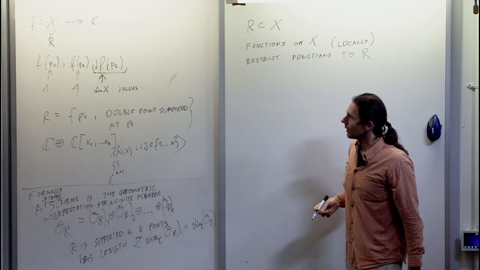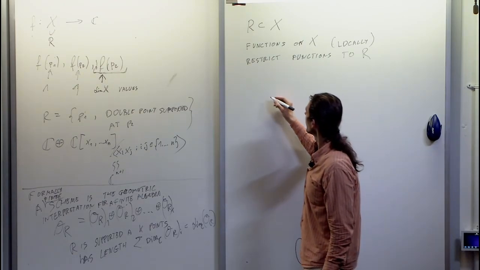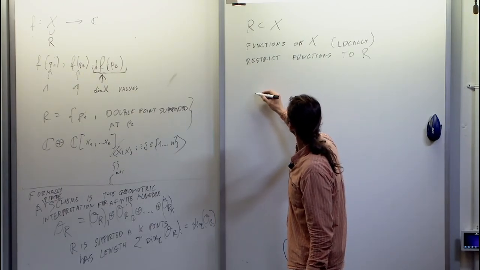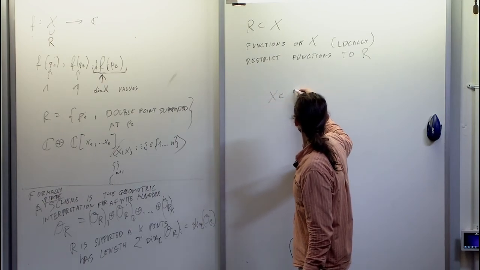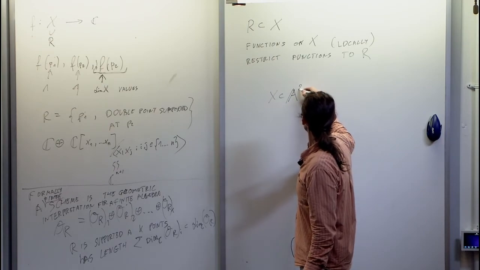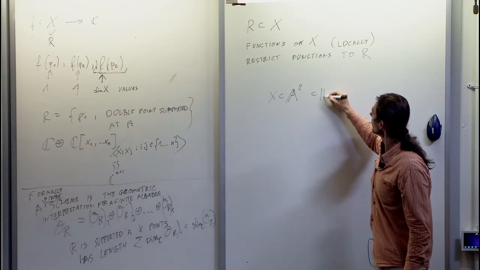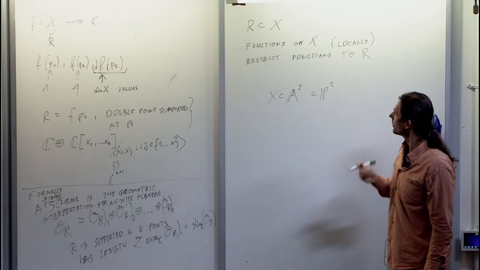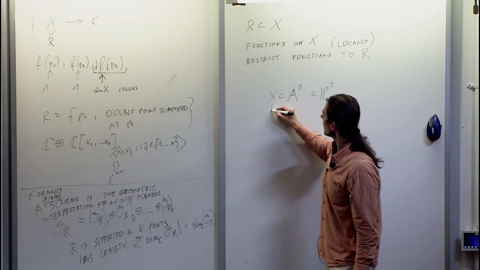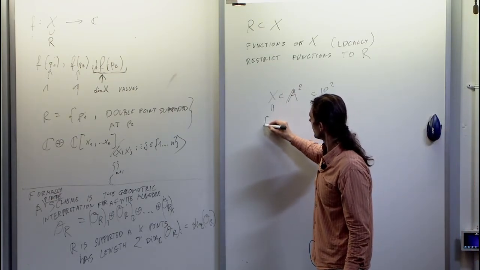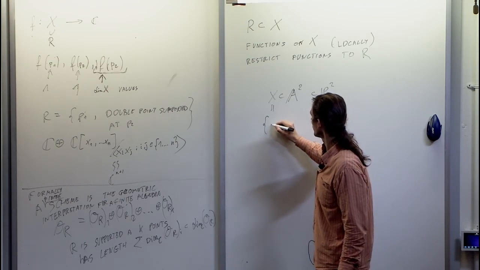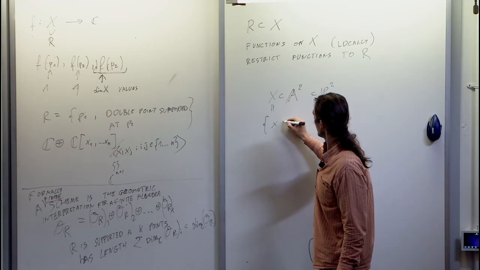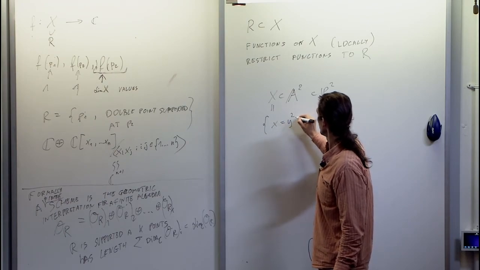Let me just give another example. We can look at X inside, for simplicity, affine 2-space, which sits inside the projective 2-space. And this is just a parabola, so x equals y squared.